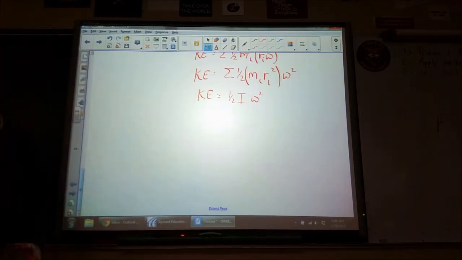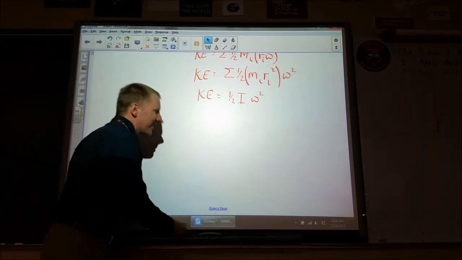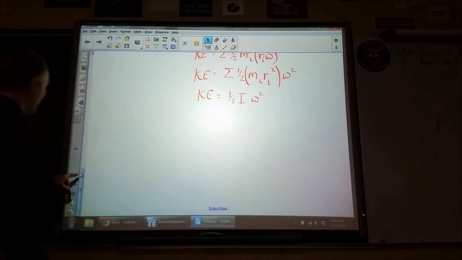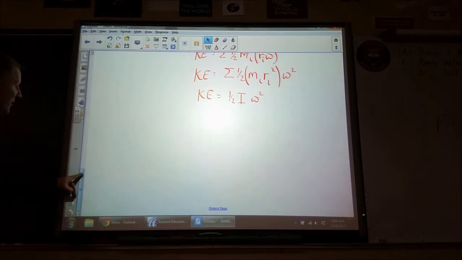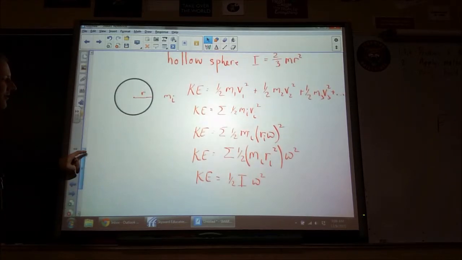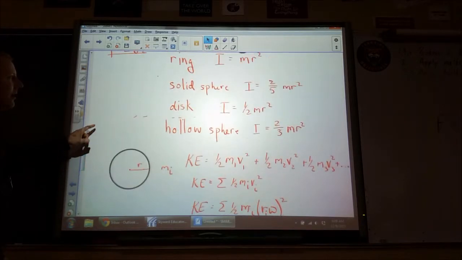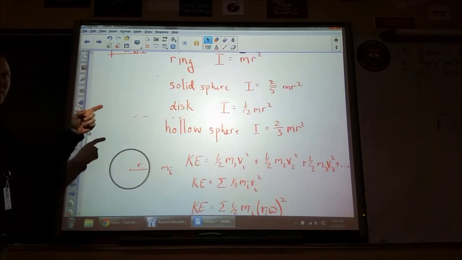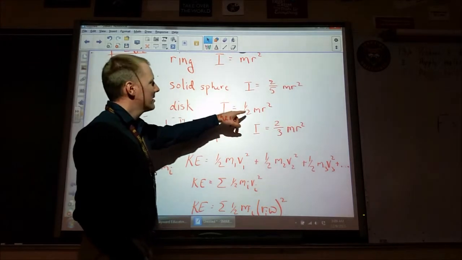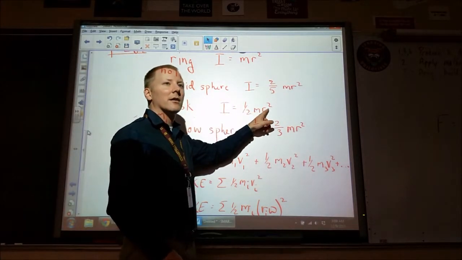That's still not great for us because we aren't going to launch into the whole background information that would let us use this easily. So instead, what I want to note is that everything we're going to be dealing with, all of those values of I are some constant number times m r squared.